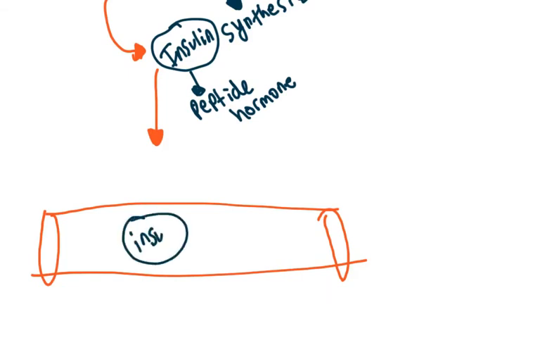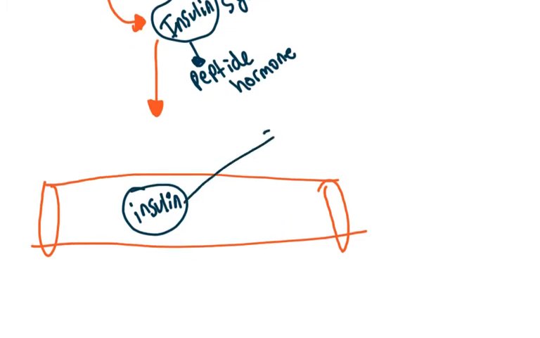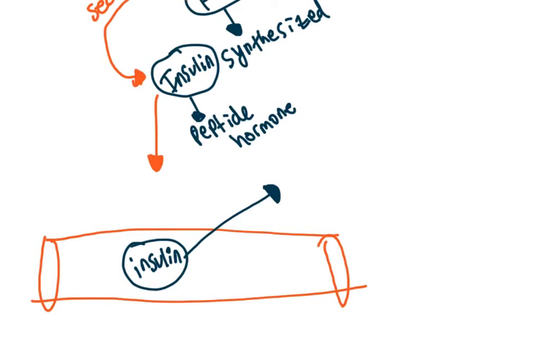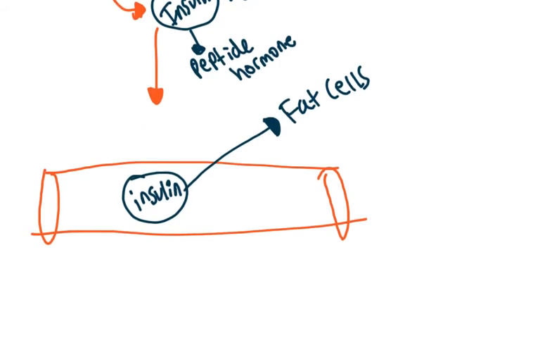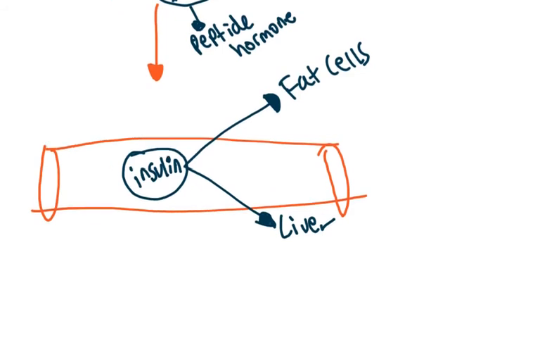It can go to our fat cells, and we'll talk about what insulin does to specific cells in a future video. It can go to our fat cells and store some fat there. It can go to our liver cells and enhance the process of glycogenesis.